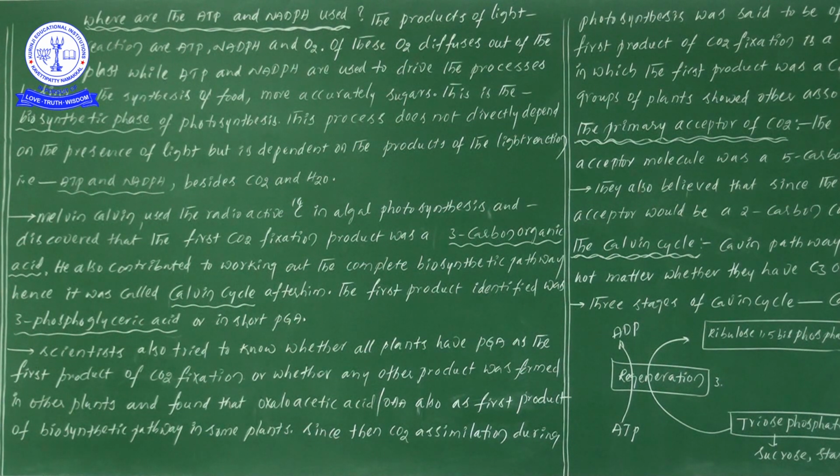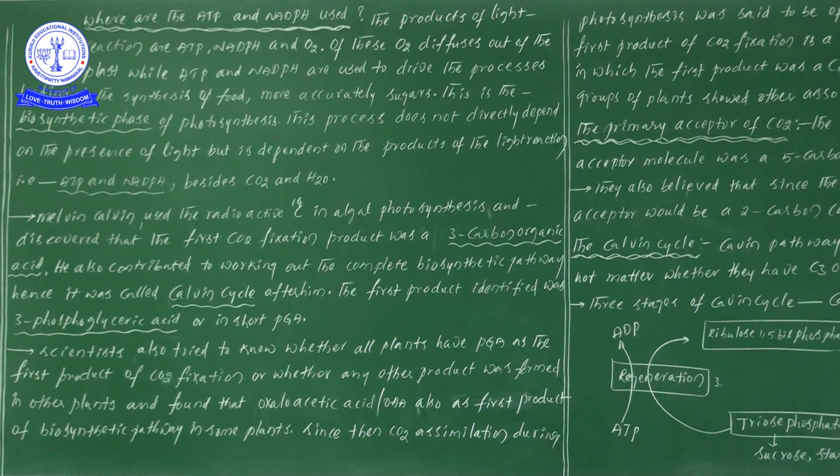So there are three products of the light reaction that we observe: ATP, NADPH and oxygen. The oxygen is in gaseous form, so it will diffuse out of the chloroplast and come out.